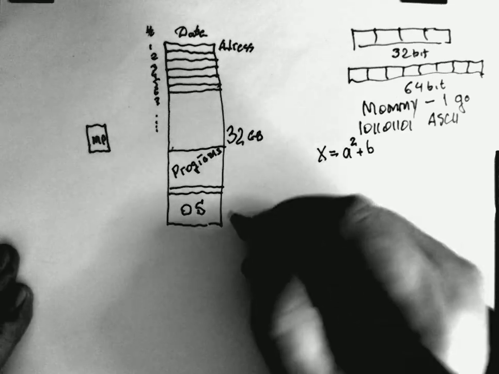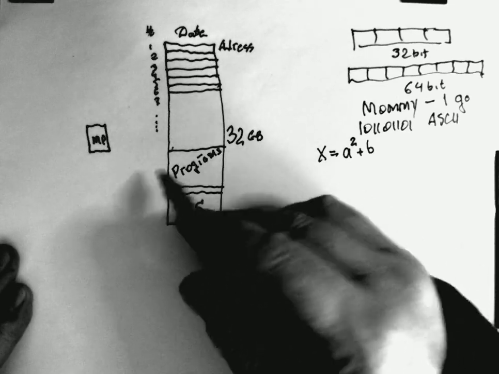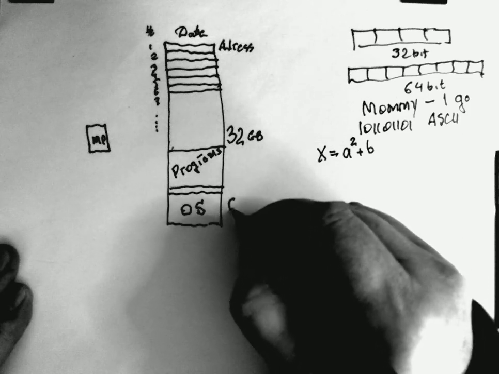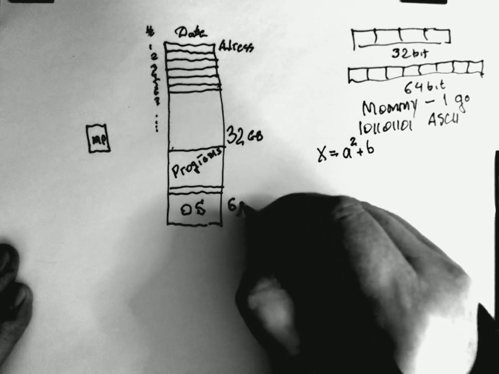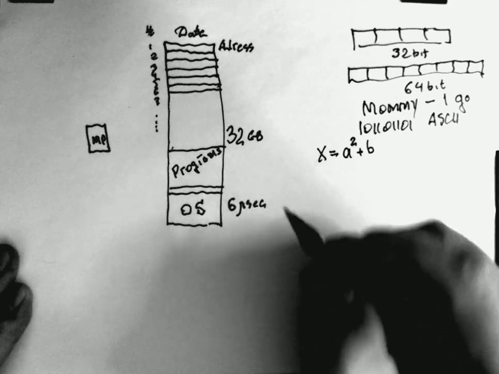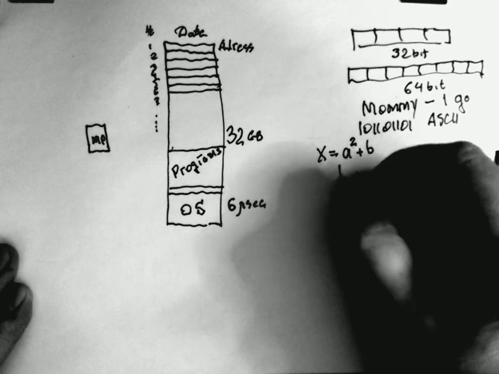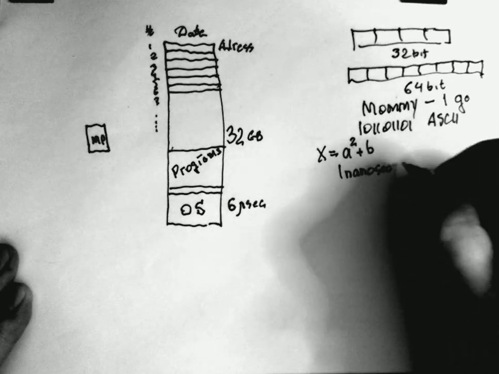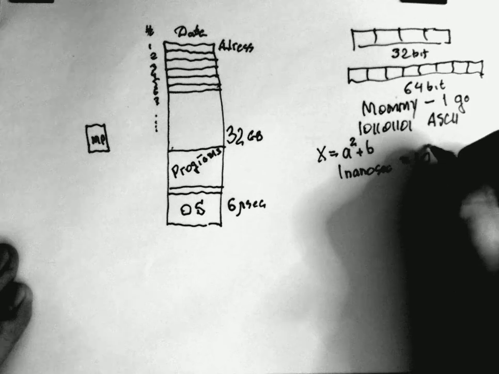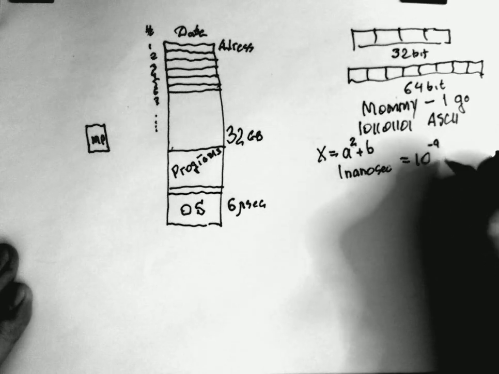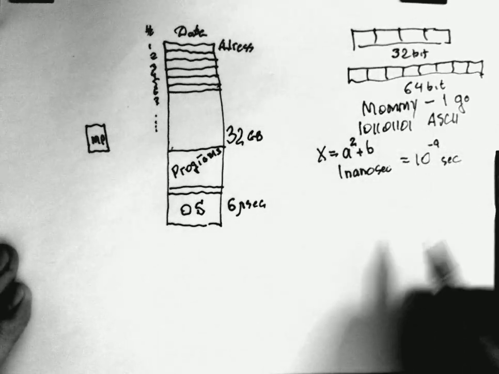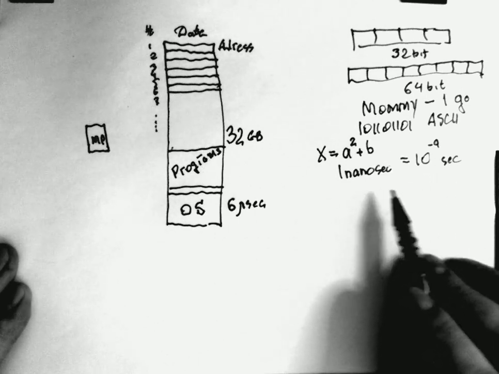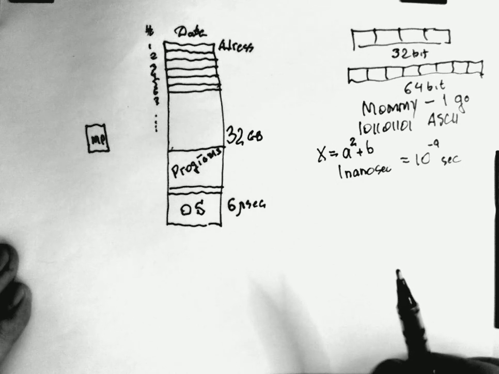So now we understand what memory is. The speed of memory, reading or writing inside the memory, is about 6 nanoseconds. 1 nanosecond is 10 to the minus 9 of a second, so it's one billionth of a second.